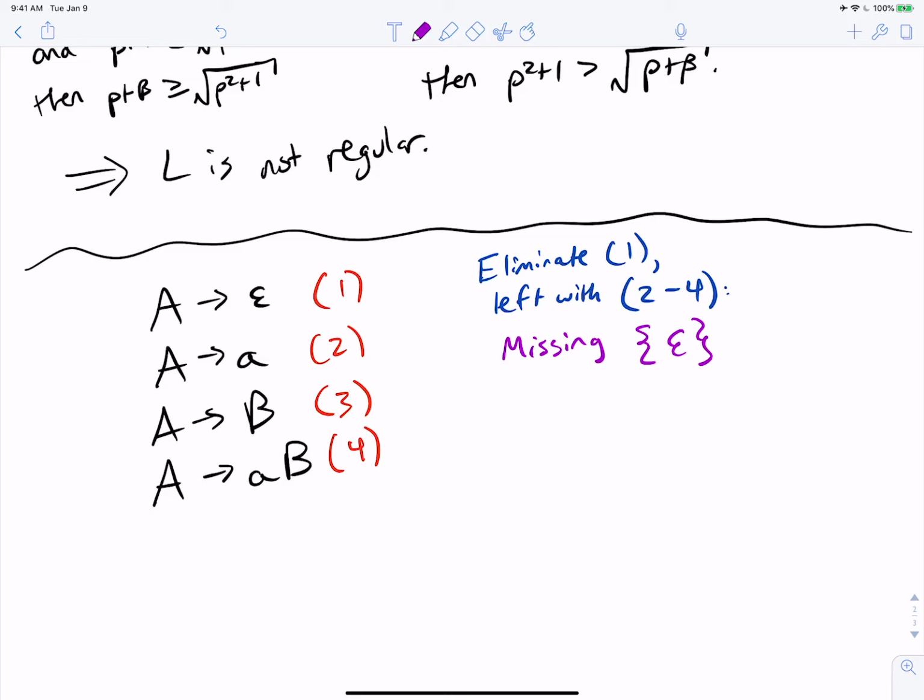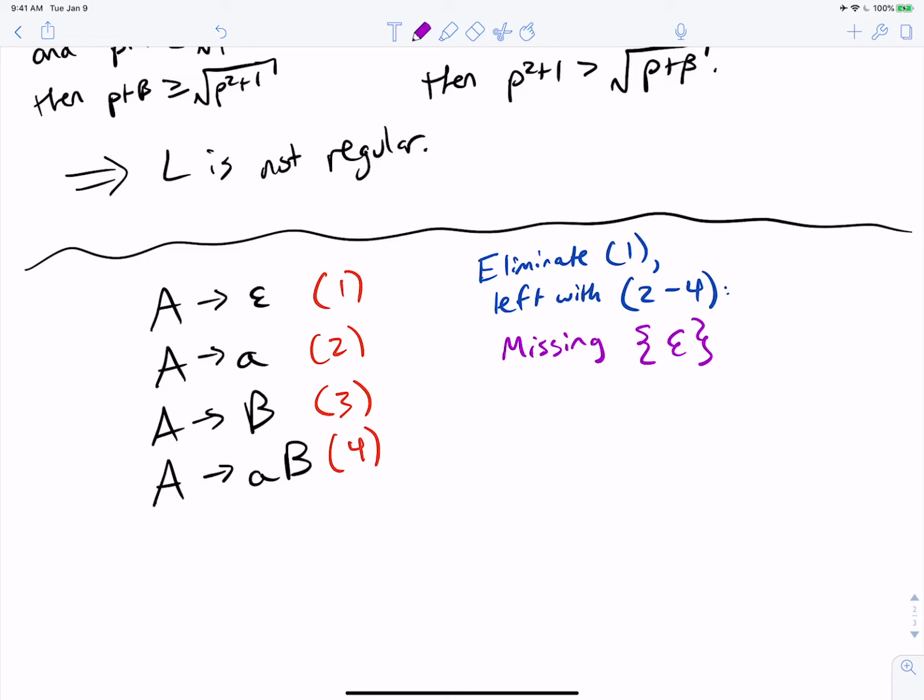So here with the empty string, if we just have the language with just the empty string in it, there's no way that I can have the start variable eventually make the empty string, because the rule types I'm allowed either go to another variable or produce a terminal at that point. So I'm dead in the water at that point.